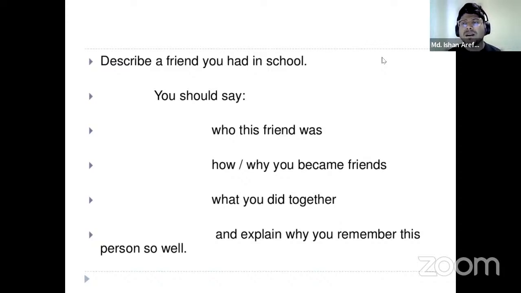So I'm just talking about an example here. This is not the perfectly memorable answer. So you should not memorize anything here. That is a crime in the IELTS test.